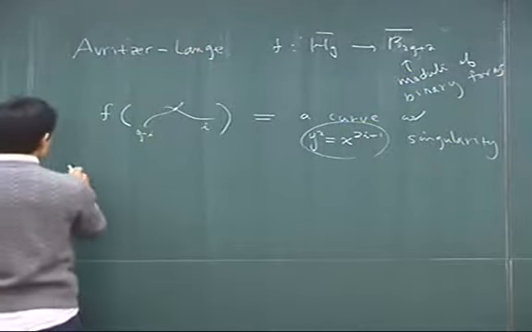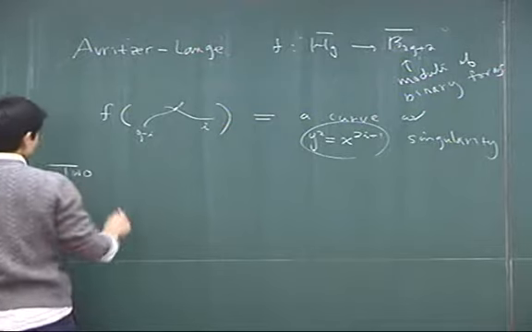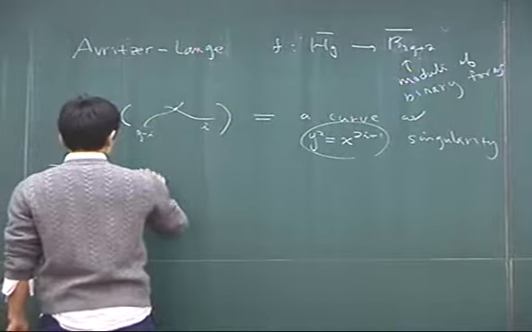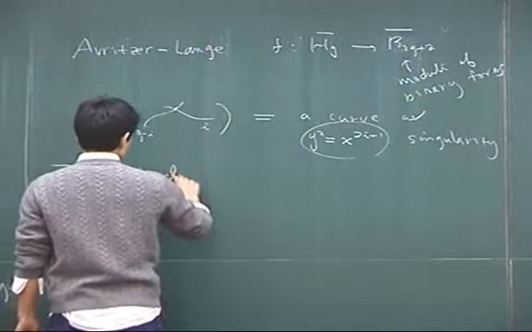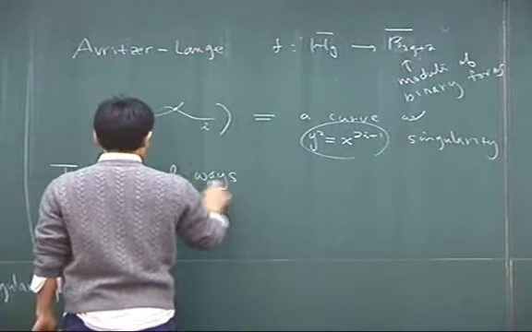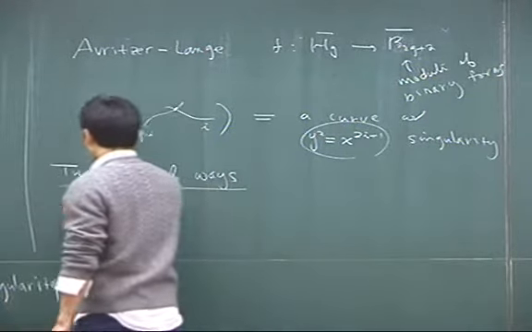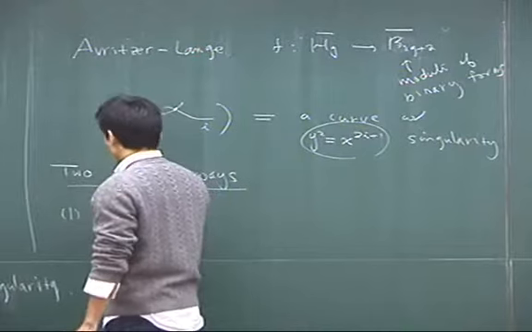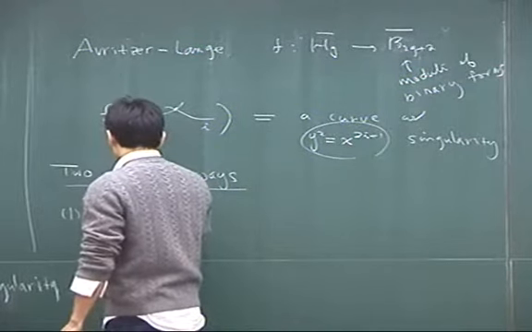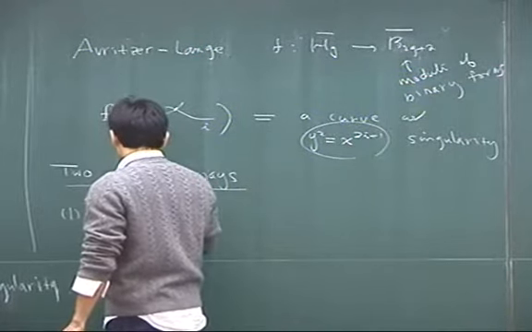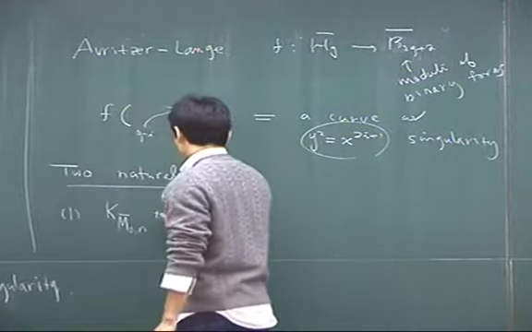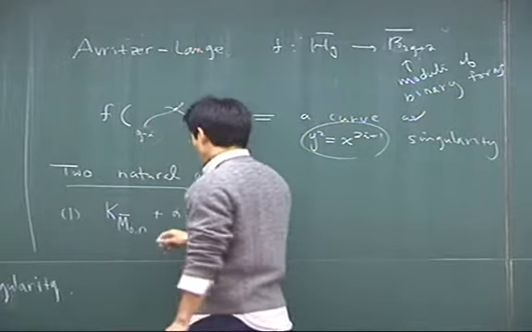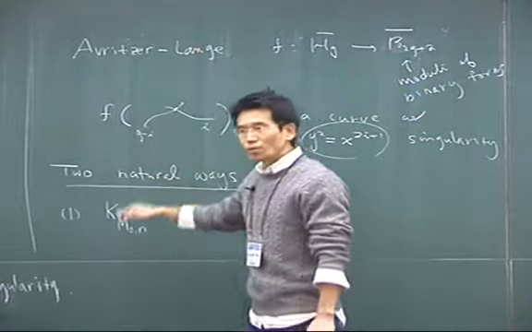So there are actually two natural ways to consider the log minimum model program for H_g-bar. Two natural ways. So one is to be guided by K plus alpha delta on M_{0,n}-bar. So here I'm going from the unordered case to the ordered case.